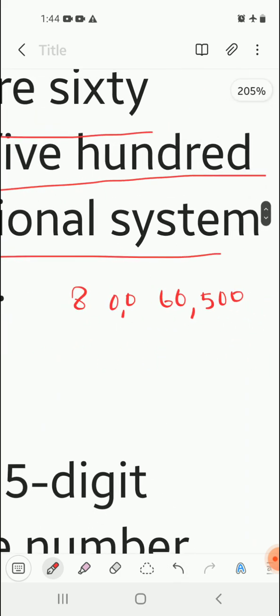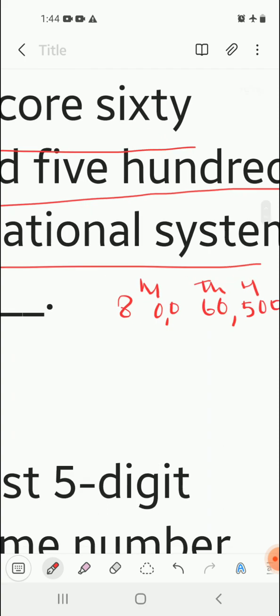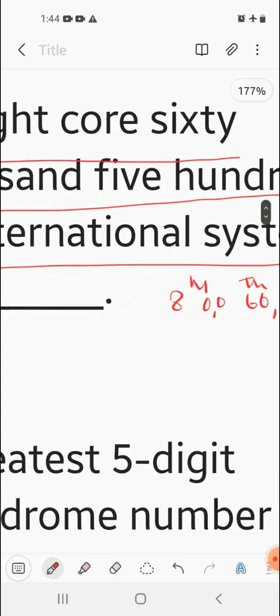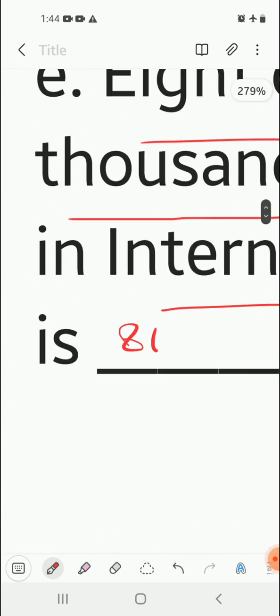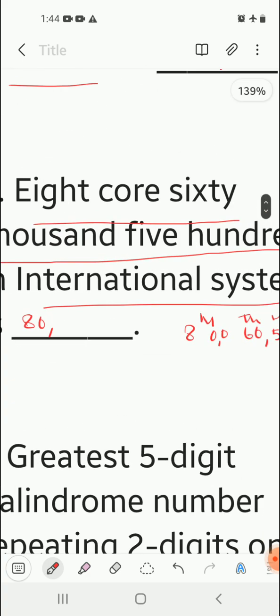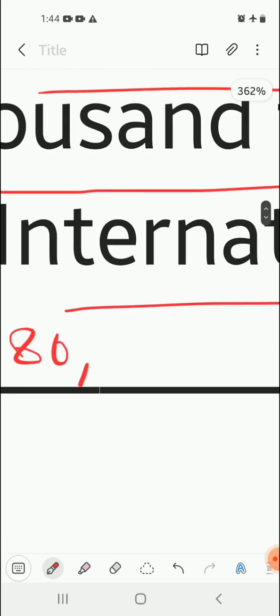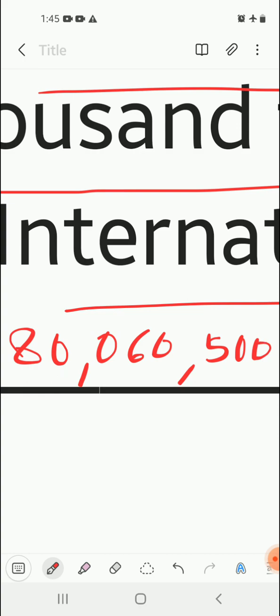So see, in the international system it is 80 million. This is the million side, 60,000 and 500. So it's going to be 80 million 60,500.